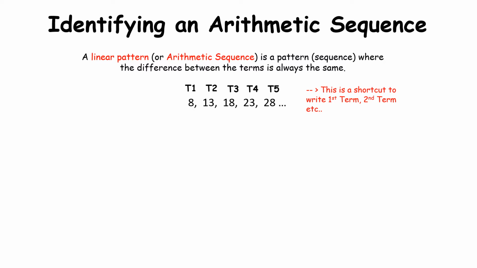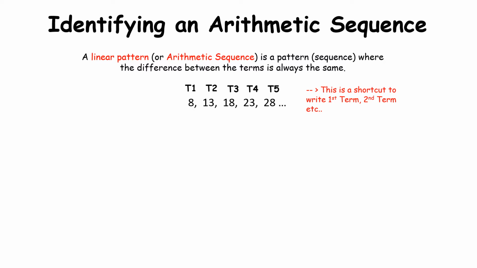So here we have the same sequence, 8, 13, 18, 23 and 28. Instead of writing the first term, second term, third term, etc., we have simplified it to T1, T2, T3, T4, T5 and so on. So we're going to use more specific or mathematical terminology.